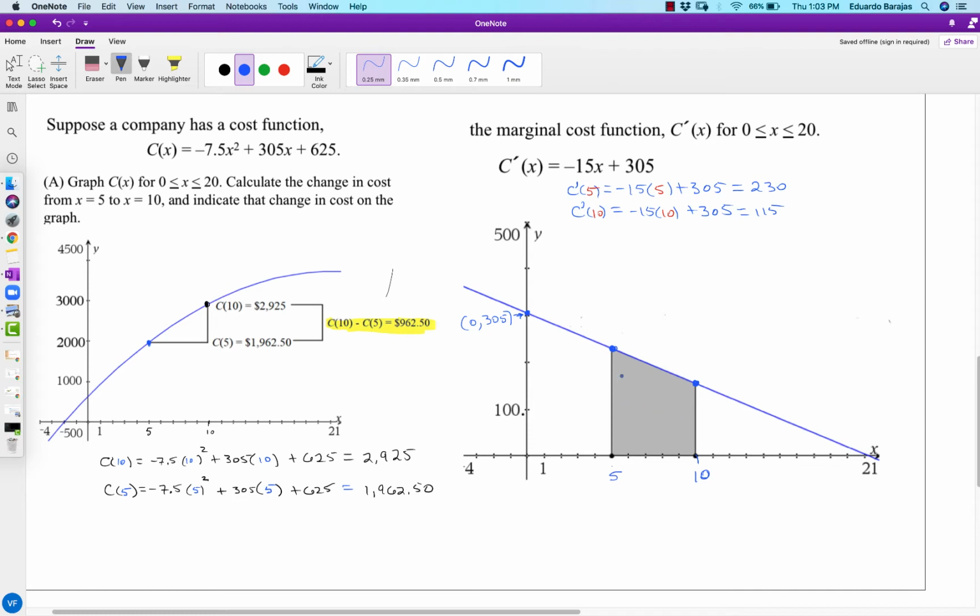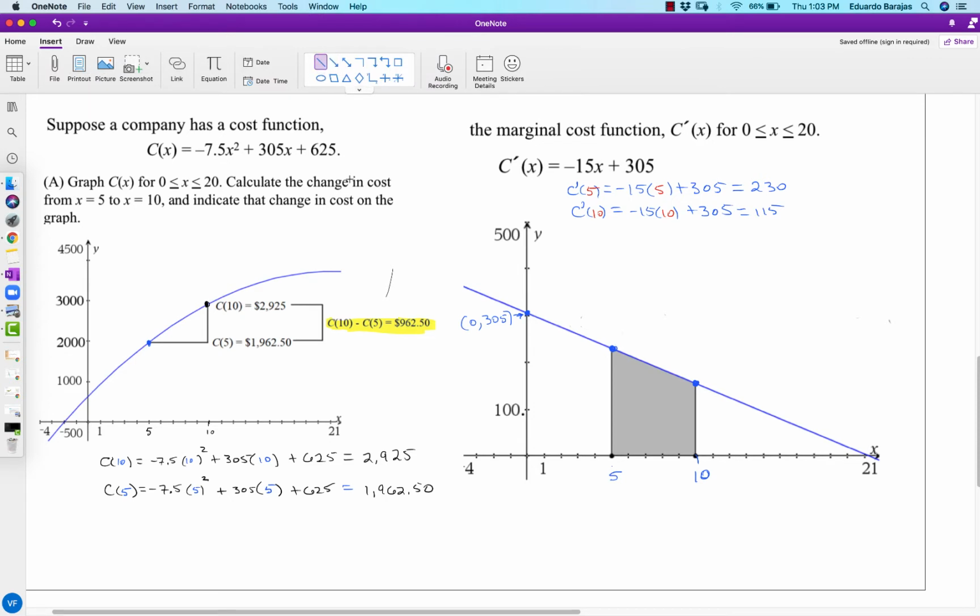Okay, so next we want to find this area here. To find this area, I'm going to think about breaking this up into 2 regions. So let's insert a line here that goes from there and comes straight across to there.